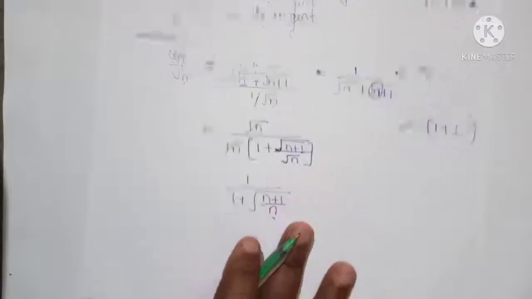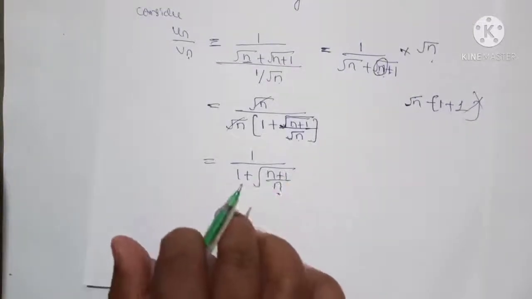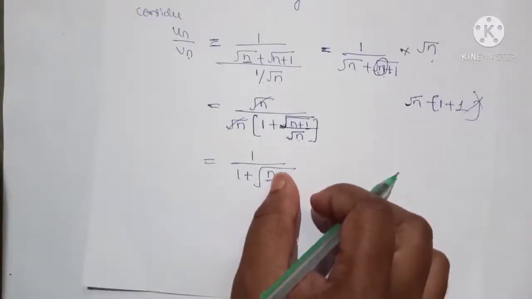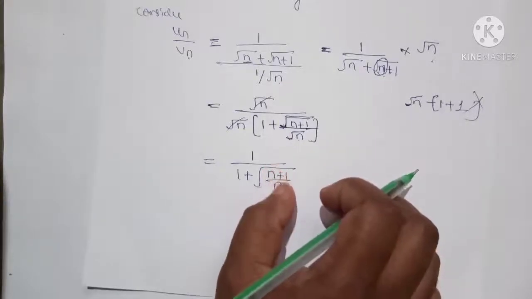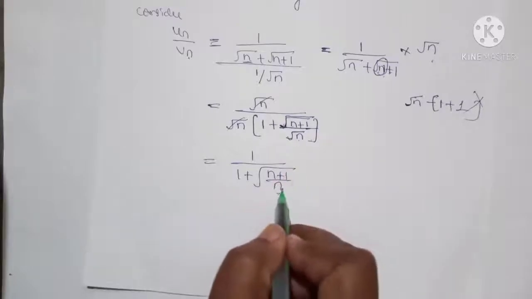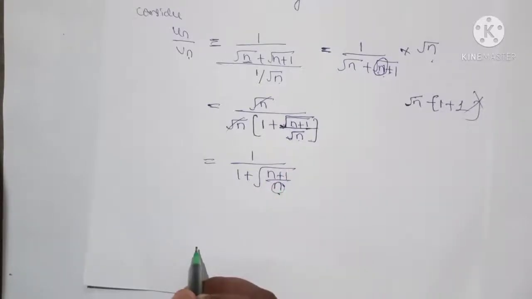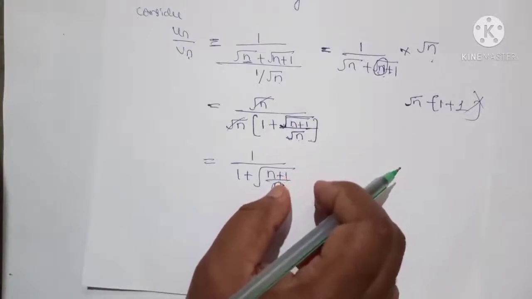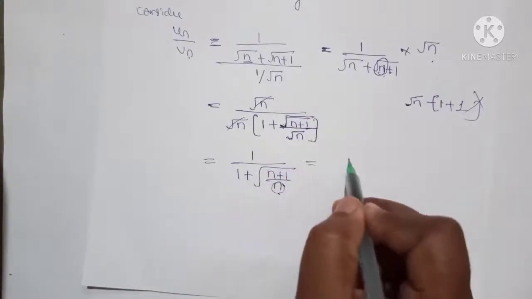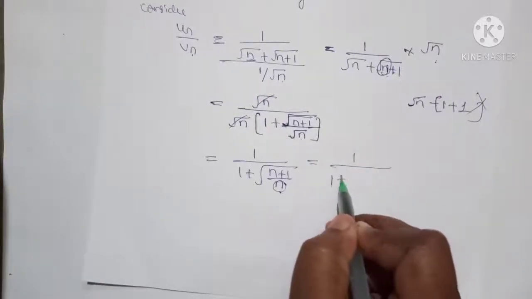So now check whether you can apply the limit directly or not. If I apply the limit directly, again we get the infinity by infinity form. So again it is an indeterminate form. Therefore here also we need to cancel this n. So n by n equals 1, plus 1 by n, or you can write it as 1 divided by 1 plus this root as it is.